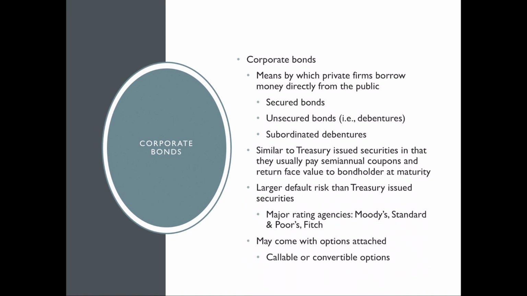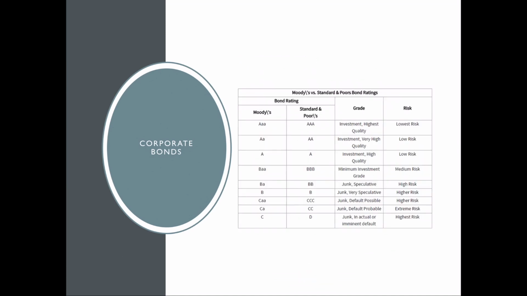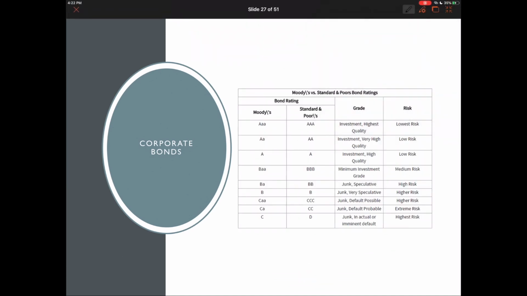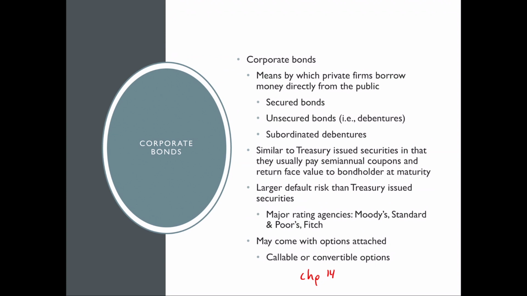They could be either callable, which means that the issuer can repurchase the bonds at a set price before maturity, or they could be convertible options where the bondholder can convert to equity. There's a lot of different features that come with corporate bonds. All of these different features are discussed in more detail in Chapter 14. If that's something that you have the opportunity to look at, we won't go into it for these purposes. They are discussed in other classes as well, though.